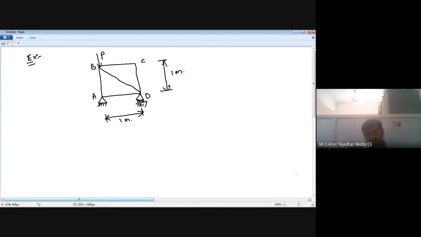From the external exam point of view, he may ask the question: find the member forces of the given truss.